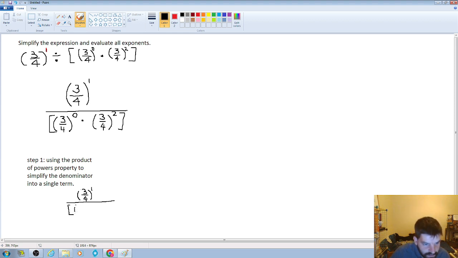So we're going to take 3/4 to the 0 times 3/4 squared, or to the second power, and that's going to give us an equivalent expression of 3/4. I'm still going to keep it to the first power, and I'm going to mark that first exponent there.